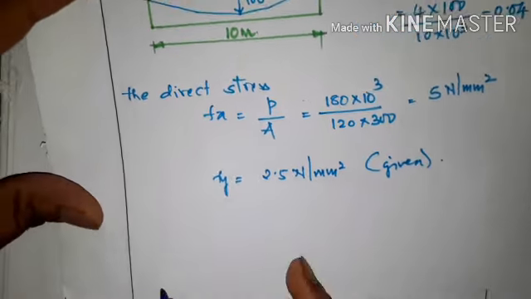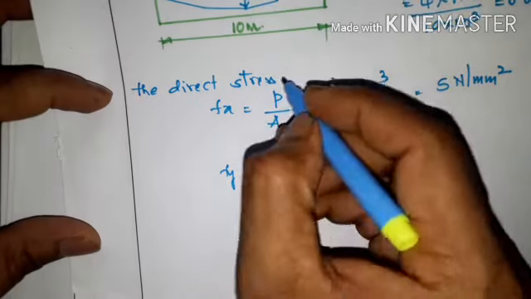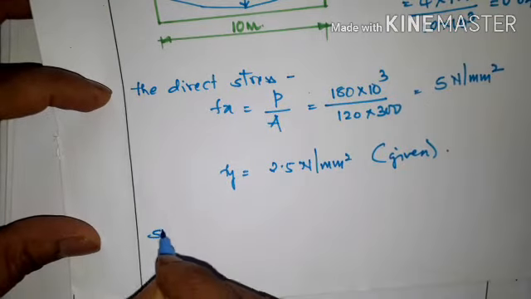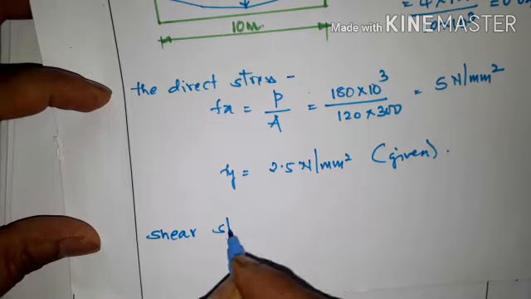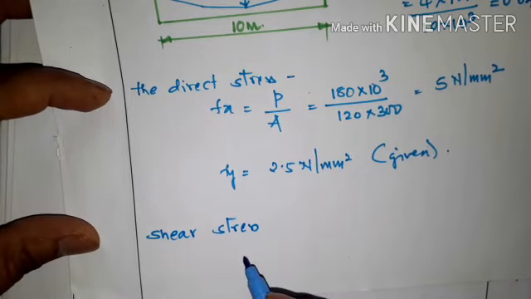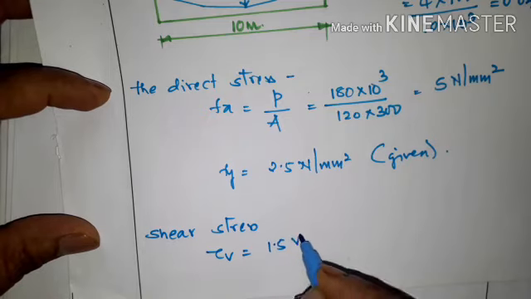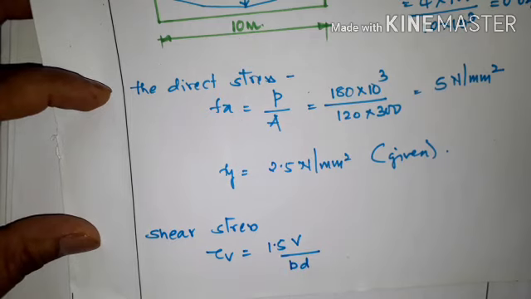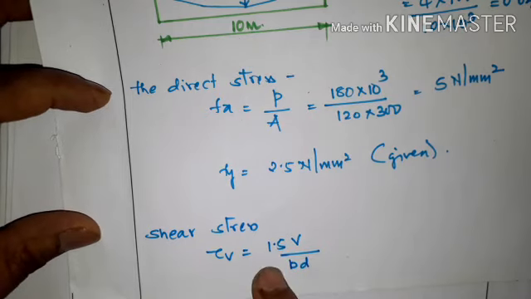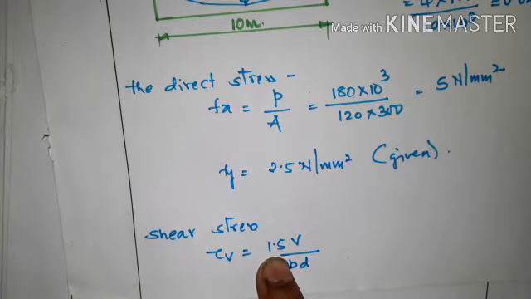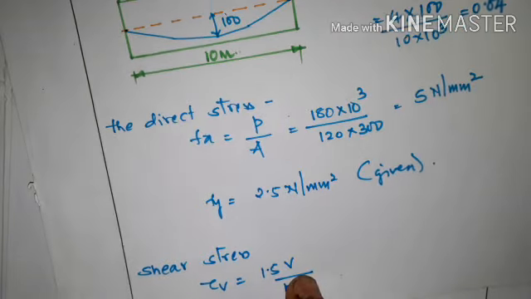So this is regarding direct stress. Next is shear stress. Shear stress, that is tau v, is equal to 1.5 V upon b t. For a rectangular section, directly you can find 1.5 times V by bd.